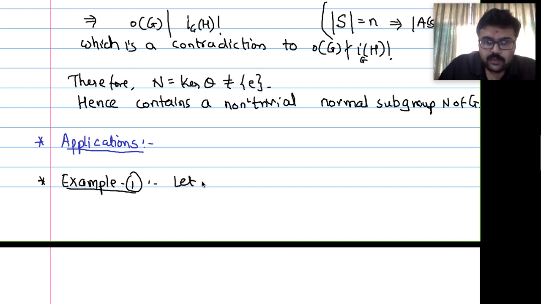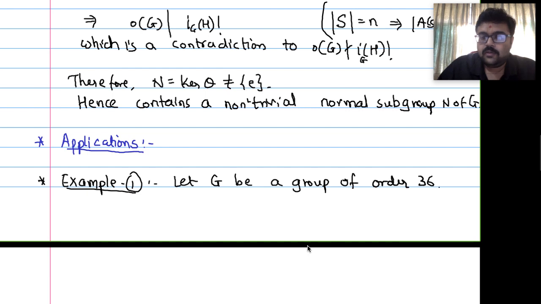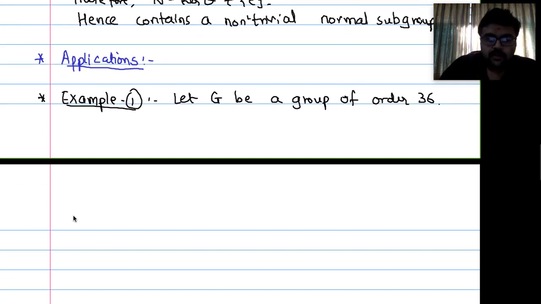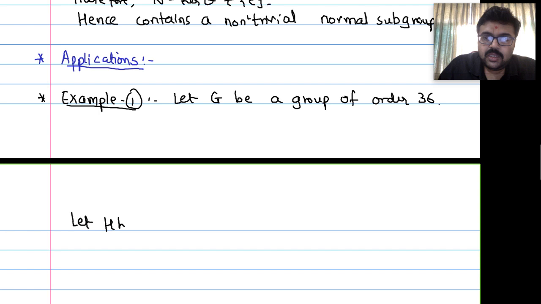So let G be a group of order 36, and let H be a subgroup of G of order 9.